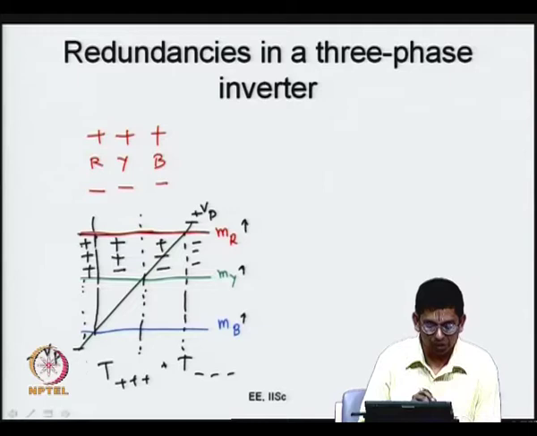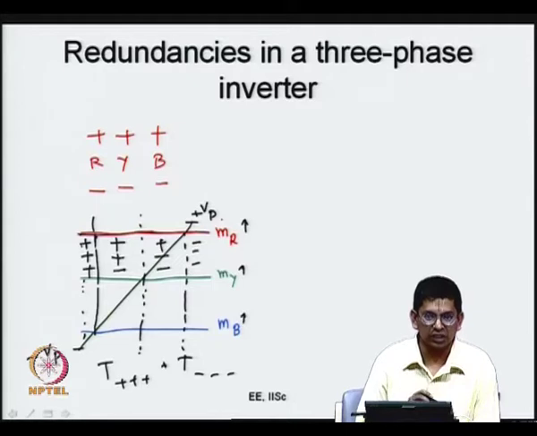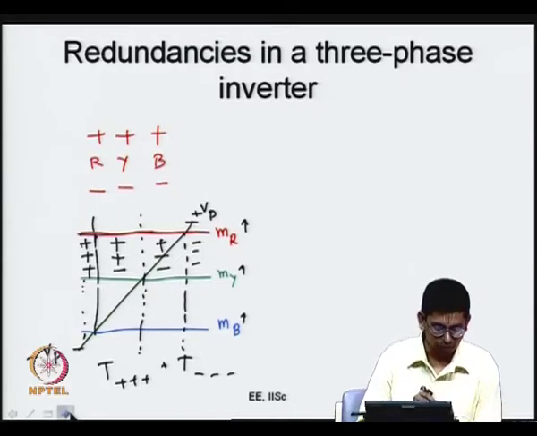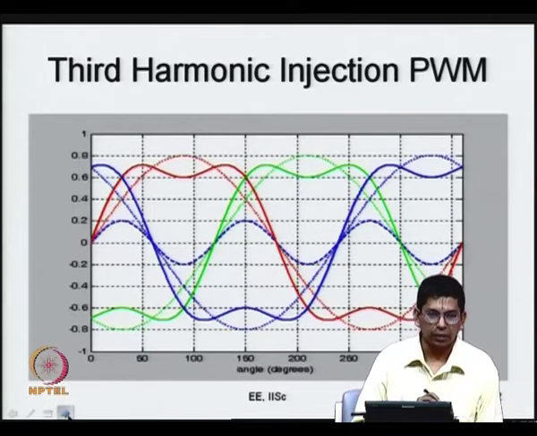You can apply that 0 state either by having all the top devices on or all the bottom devices on, and you can keep this on for a longer time, or apply this state for a longer time. So, this redundancy leads to the application of a common mode signal. Now, what is the common mode signal? Any third harmonic you had will be a common mode signal.